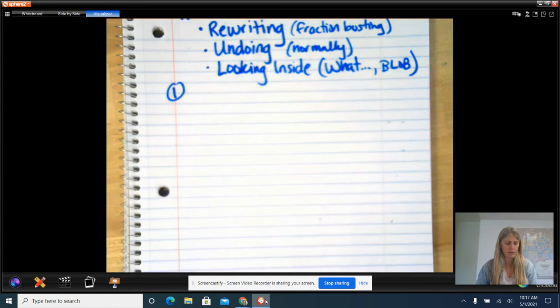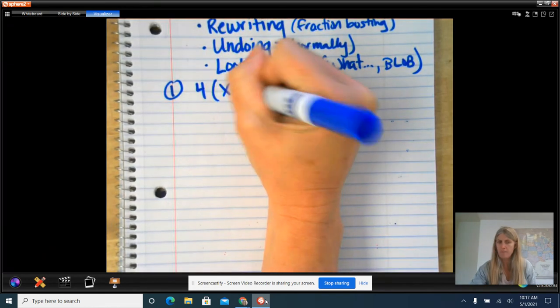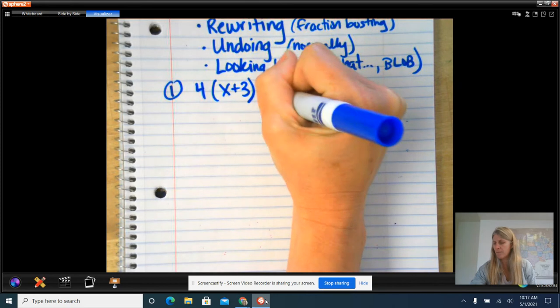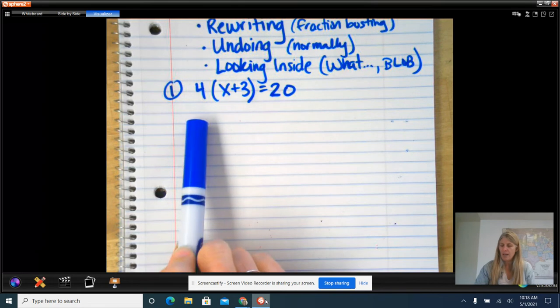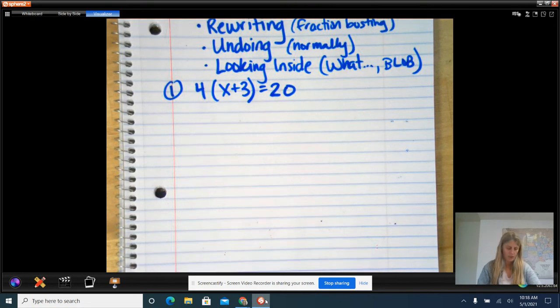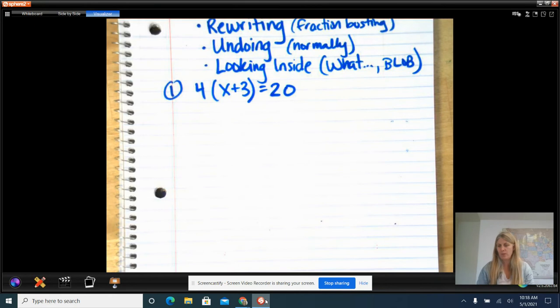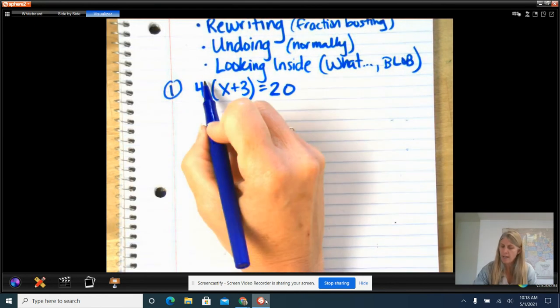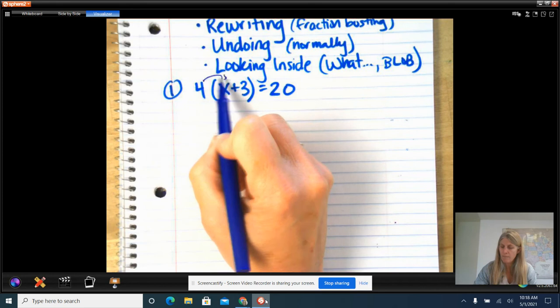So let's look at 4 times x plus 3 is equal to 20. Now, normally we'd undo, right? There's a whole bunch of ways we could look at this, so I'm going to show you a number of things that we could do. I could start by distributing, just solving normally.